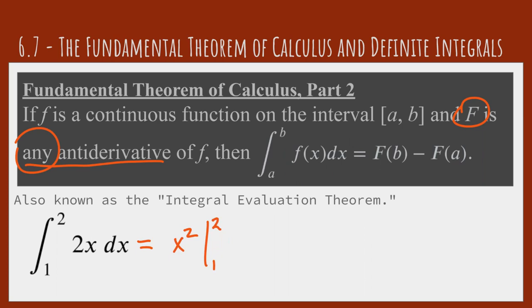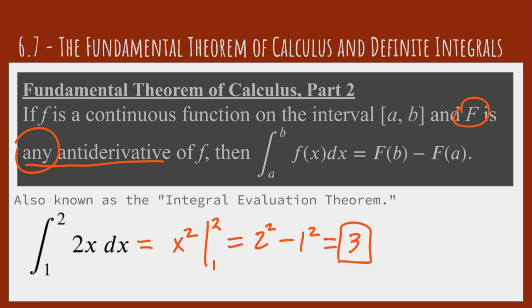And this is a new thing. We're going to use the evaluation bar, but we're going to show both of the limits along that evaluation bar. So what this is saying is we're going to evaluate 2 in x squared, which is 2 squared, or 4. We're going to evaluate 1 in the x squared function, so minus 1 squared, and that gives us our answer.